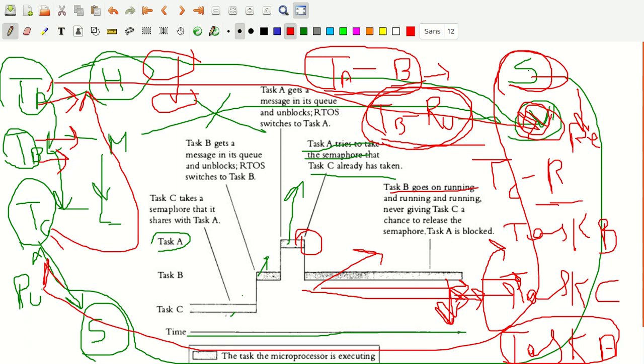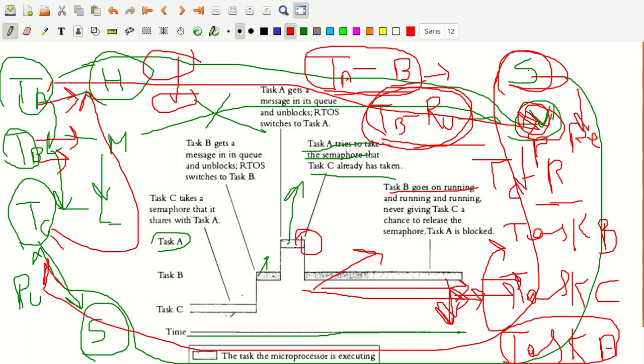Of course, it doesn't have to wait for any other completion. Whenever it releases the semaphore, even though some other instructions are there in task C, RTOS allots the task to task A, and then it completes. Of course, it depends on how we write the program.